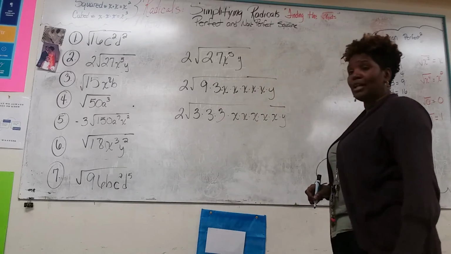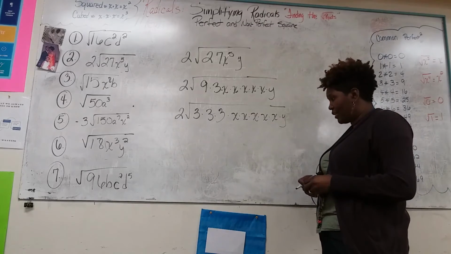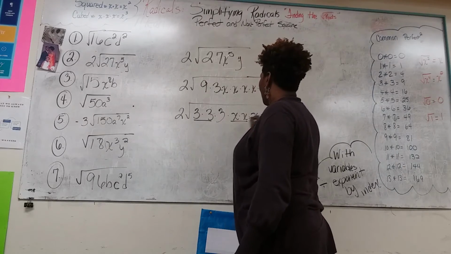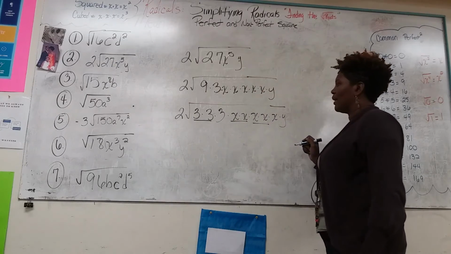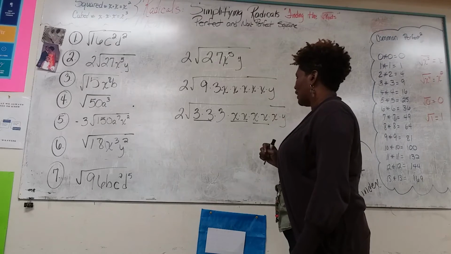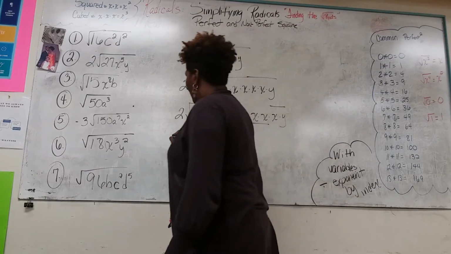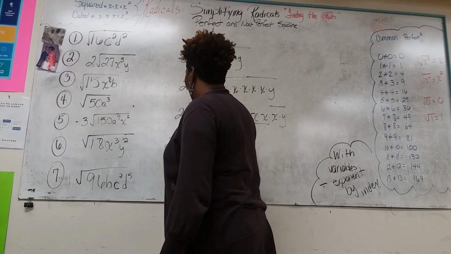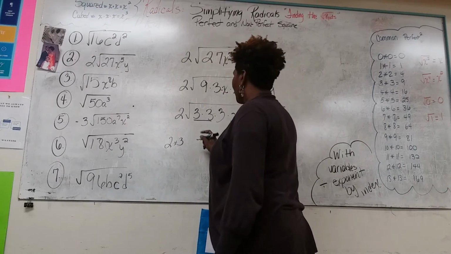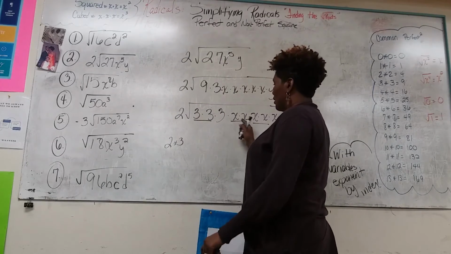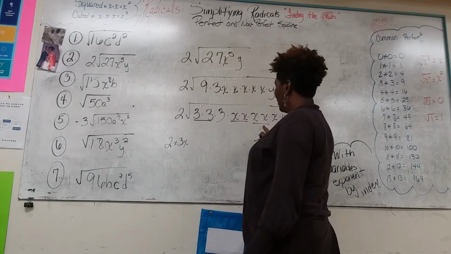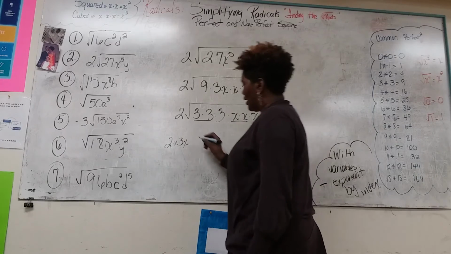Okay? So now, go and underline everything that's 2 of something. Alright. So, we have 2 3s, 2 x's, and 2 more x's right there. So, this is like saying 2 times 3, because we're booting that 3 from under there. We have 2 x's right there, then we have another 2 x's, so you have that 2 times.